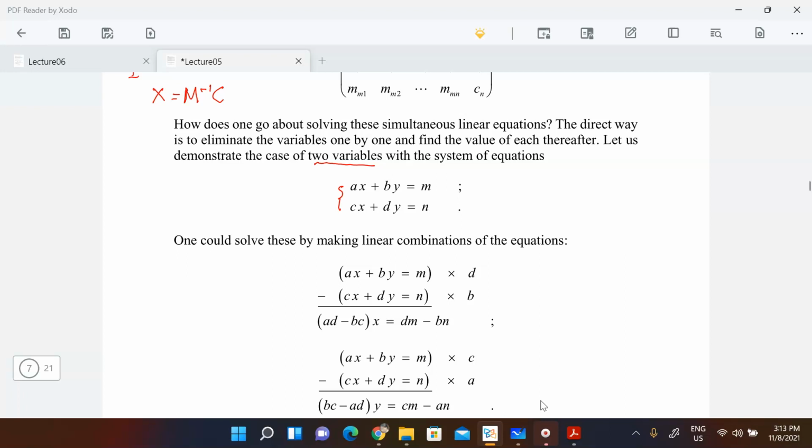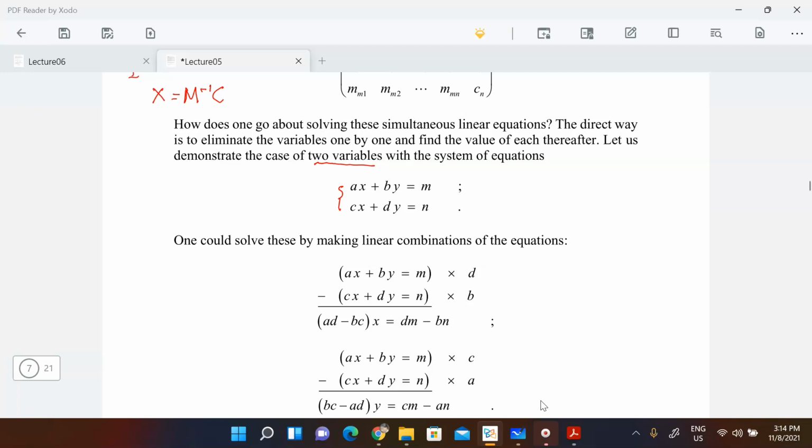Okay, so how to do this? For example, I see over here I want to eliminate Y. So if I multiply the whole equation by D, I get BD here times Y. And then if I multiply this equation by B, the whole equation, then I get DB here, or BD again. But the two, they are just numbers, so they are commutative. So I'll get the same coefficient multiplying Y on top and bottom.